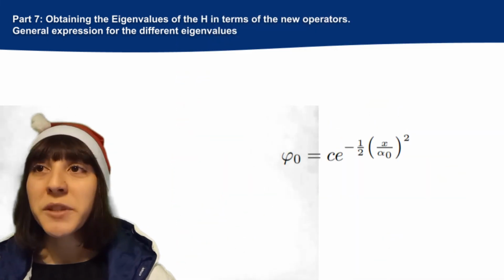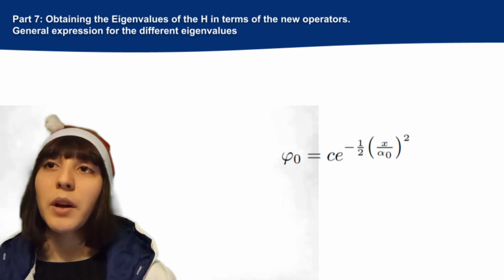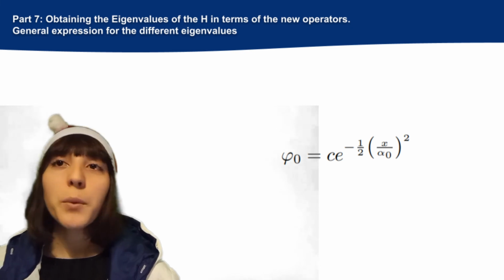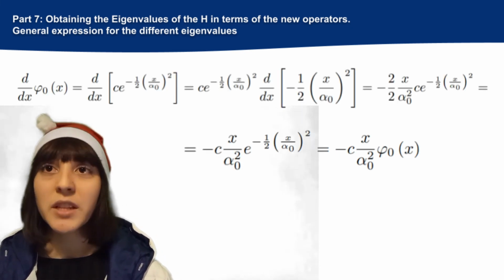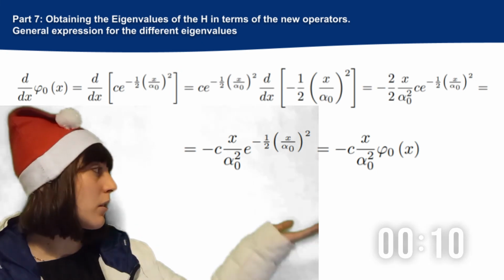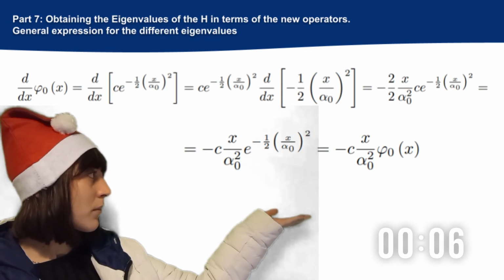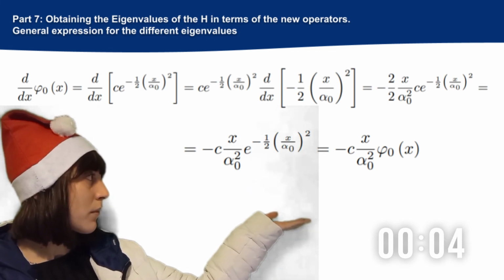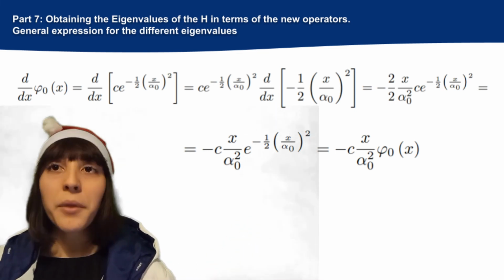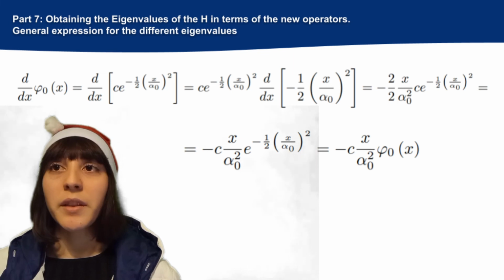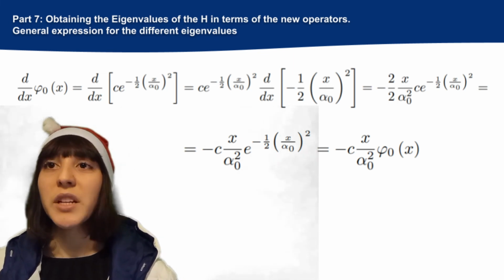This is because if we substitute this expression on the left side of the equality, doing its derivative and by the chain rule, we can get to the expression on the right side of the equation. We can see here the process we have followed in order to check. Therefore, the expression we got after we integrated the differential equation has been verified, and the expression for phi sub 0 is right.